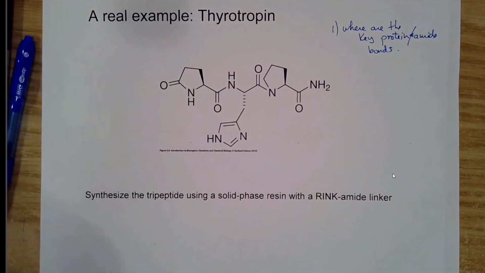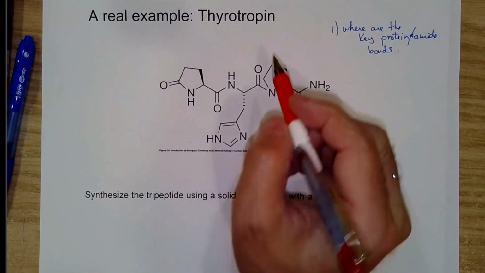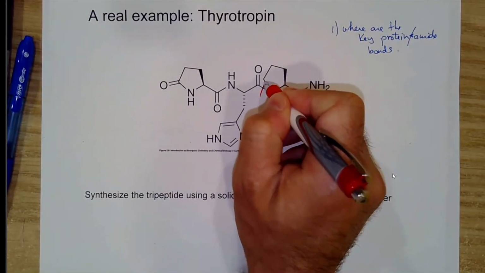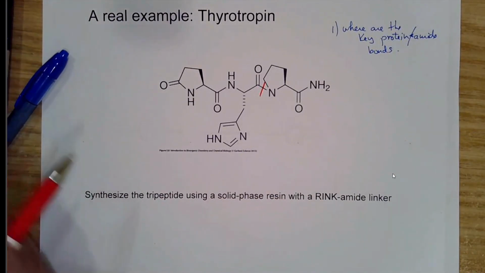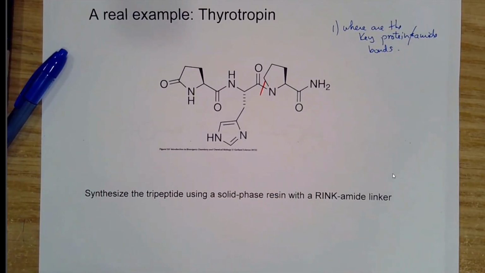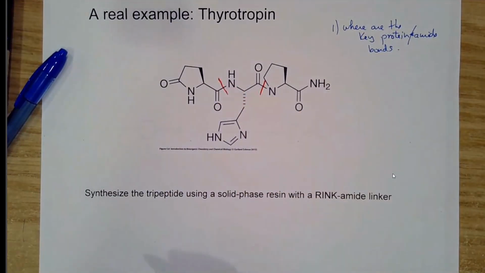So let's look at that. You look through here. This is an amide bond here. Okay, that needs to be made through some type of interaction, and here is another one.